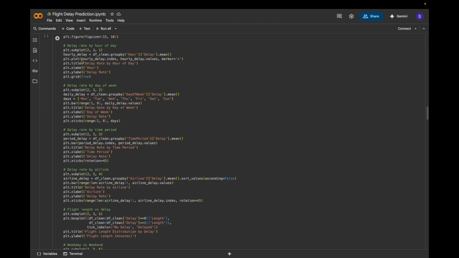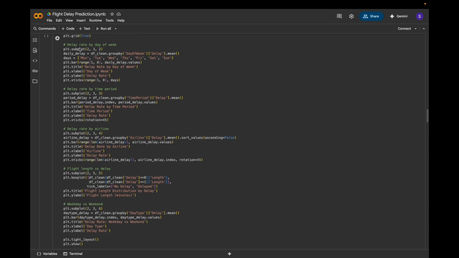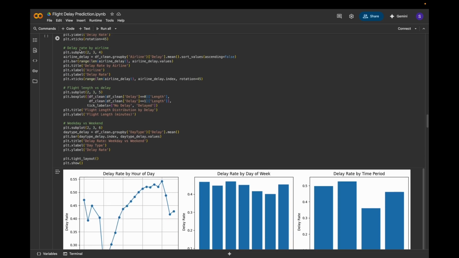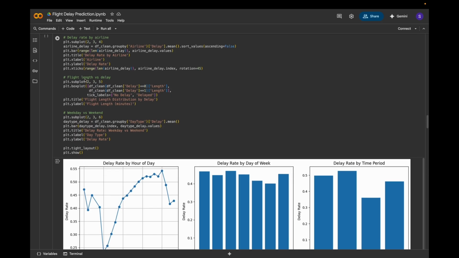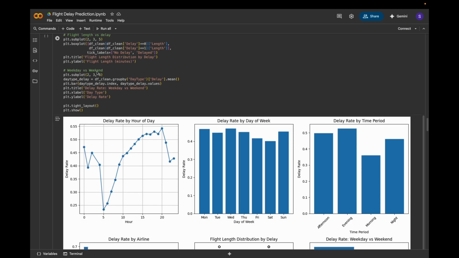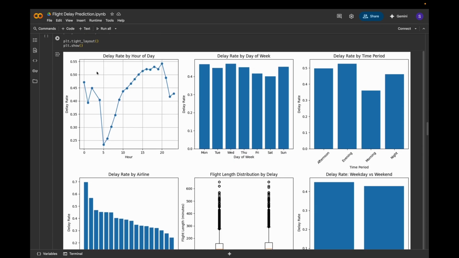And then we plot it with these parameters, and we title it, and then we label the x and y variables. Here we plot the delay rate by the day of the week, and then the delay rate by the time period, and here's the code for the delay rate by the airline, and then the flight length versus the delay, and then the weekday versus the weekend, and then we plotted all of them together. So here's our graph.